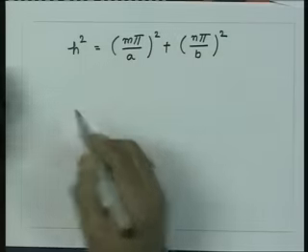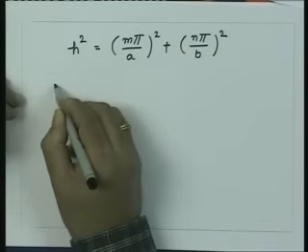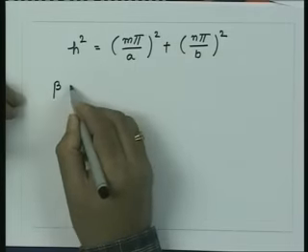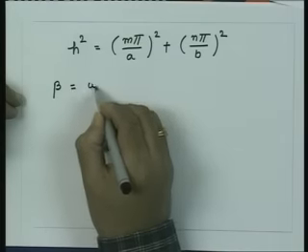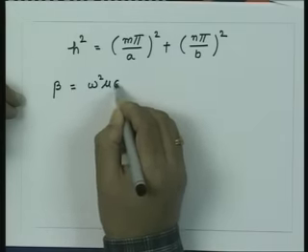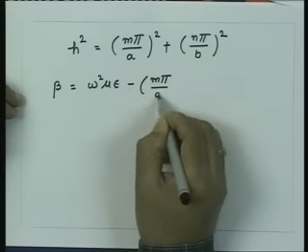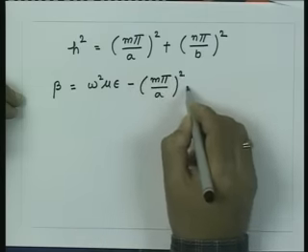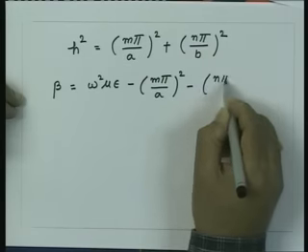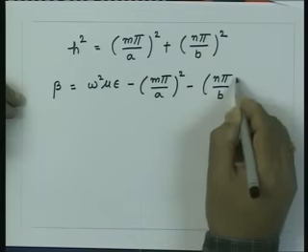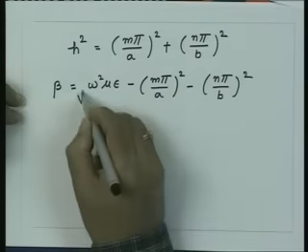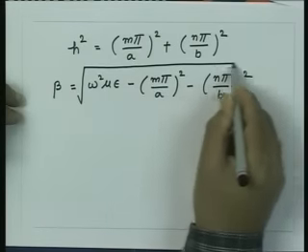And as we got in the previous case, the phase constant in the z direction, which is beta, is the square root of omega square mu epsilon minus (m pi by a) whole square minus (n pi by b) whole square.